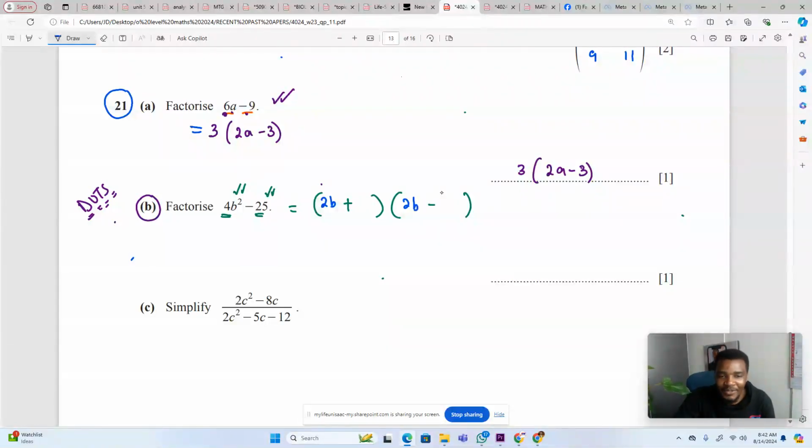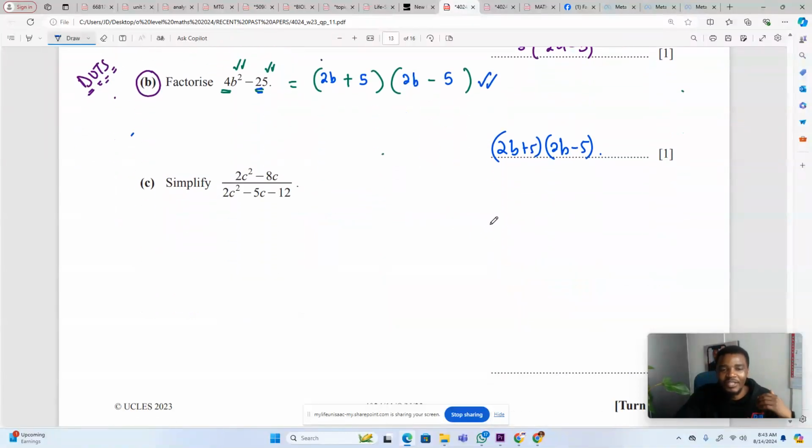And the second question: which number multiplied by itself gives 25? That number is 5, because 5 times 5 gives 25. So this is our solution, 2b plus 5 and 2b minus 5. This is our final solution.